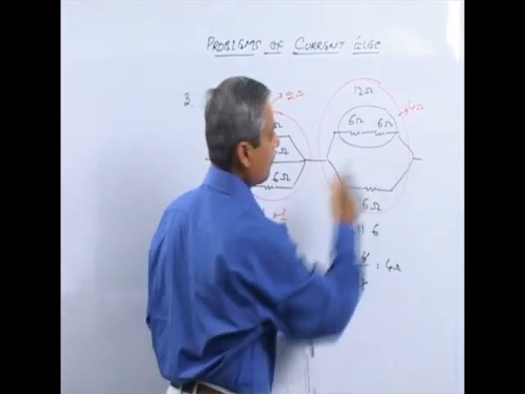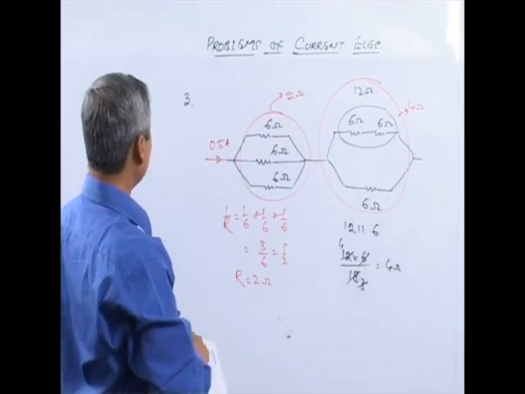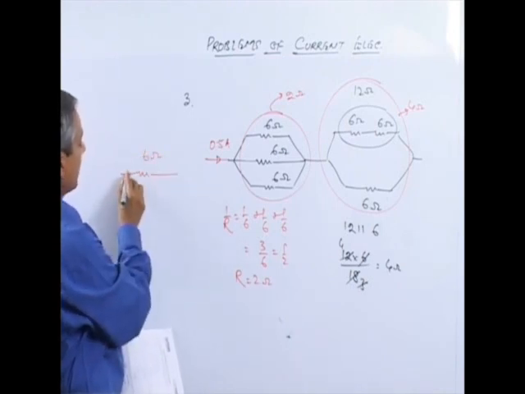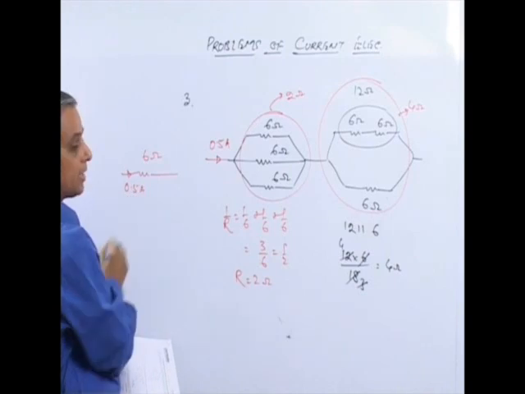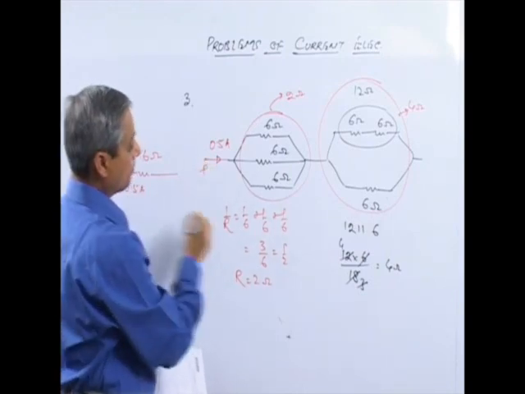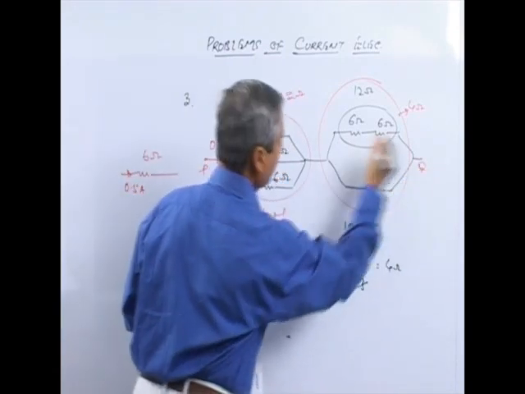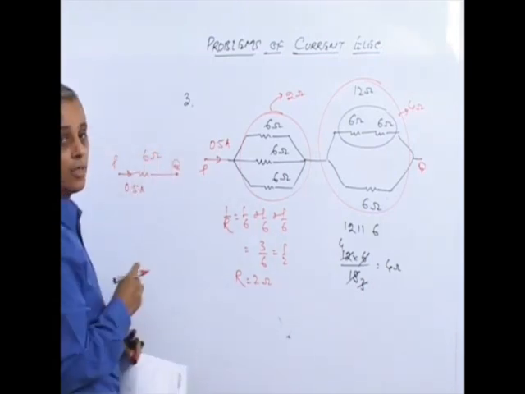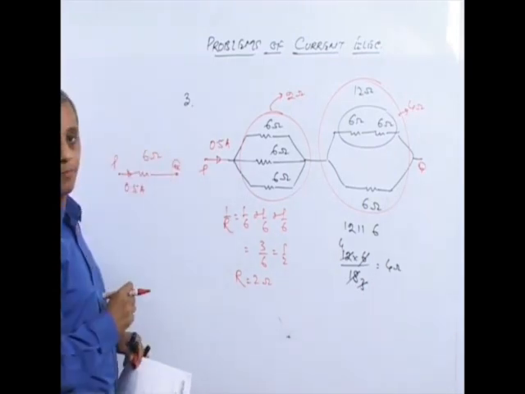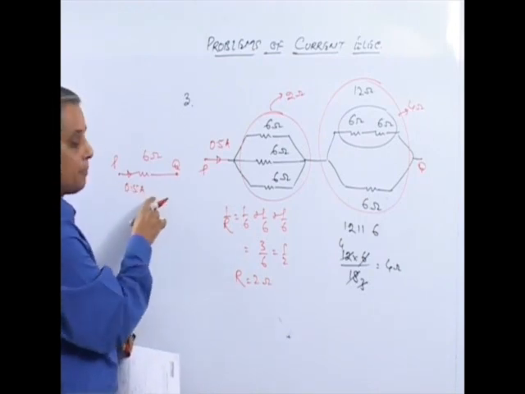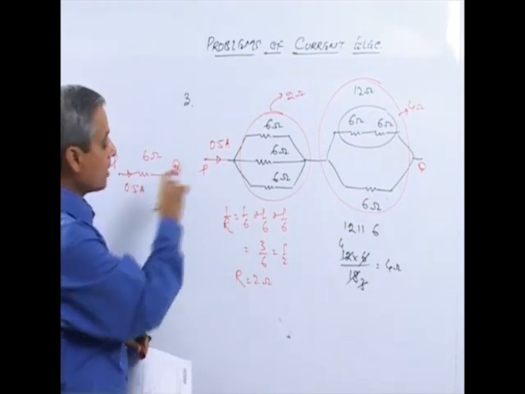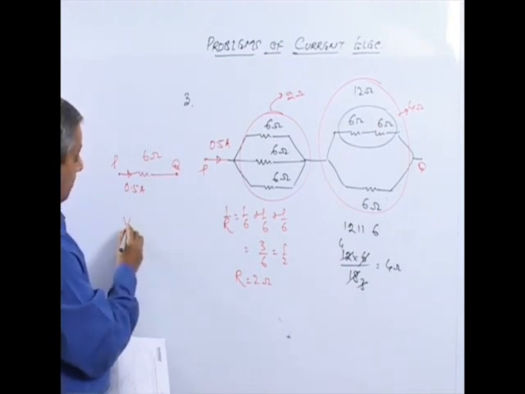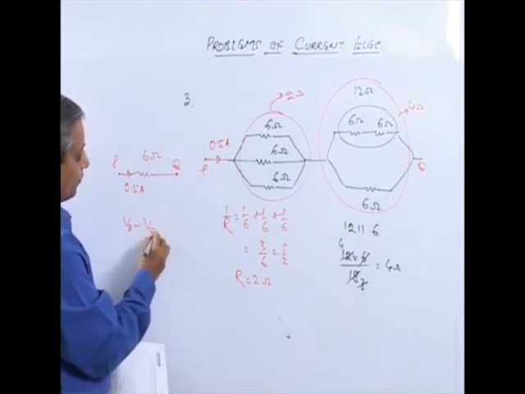So from here to here it will be in all a 6 ohm resistance, bearing a current of 0.5 ampere. This end is P, this end is Q. So across PQ we have a total resistance of 6 ohm, and when 0.5 ampere of current is passing through this 6 ohm resistance, the potential difference Vp minus Vq.